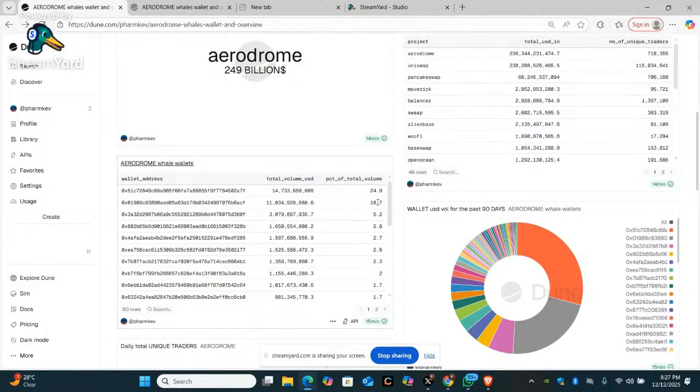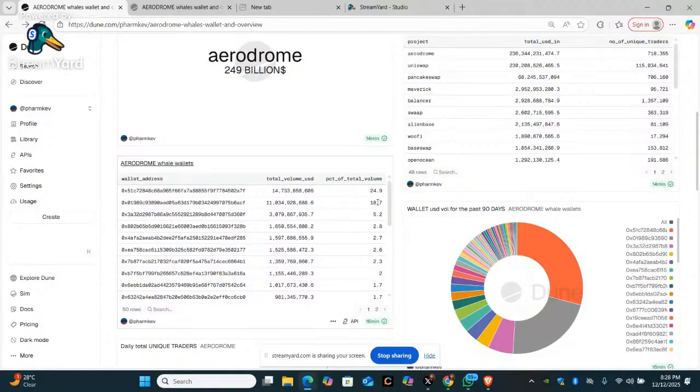That means the activities on this DEX are actually controlled by these specific wallets, and it shows high risk, because everything happening, or big waves happening in the protocol, is dependent on the action of these wallets.